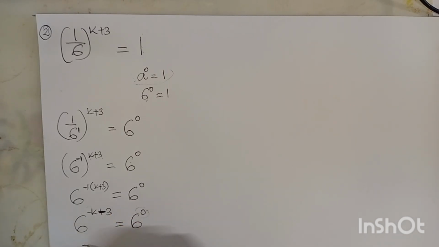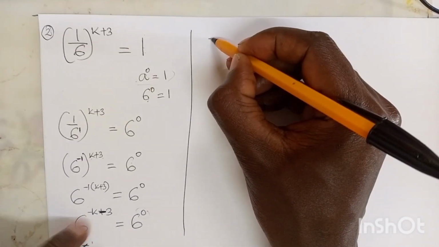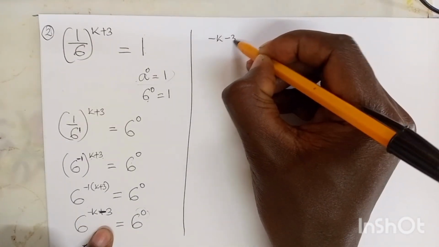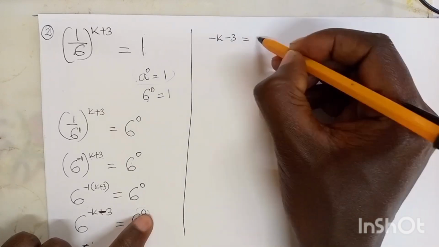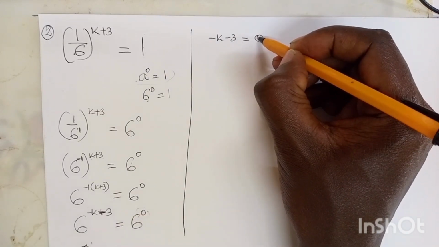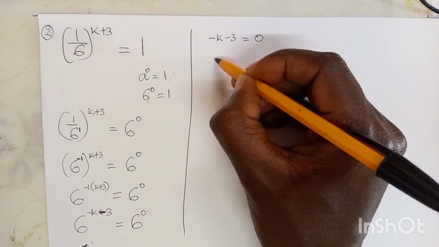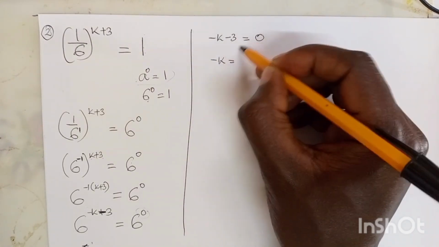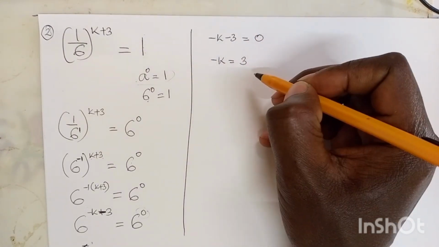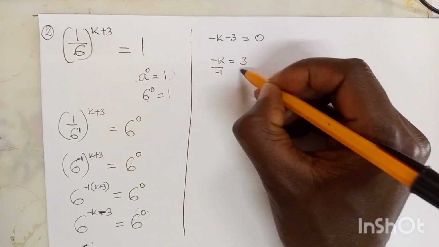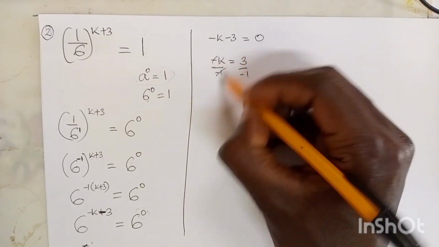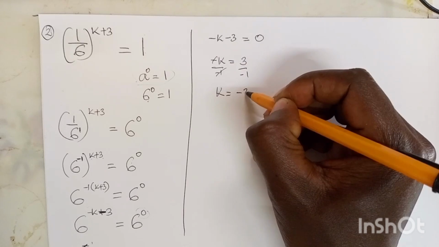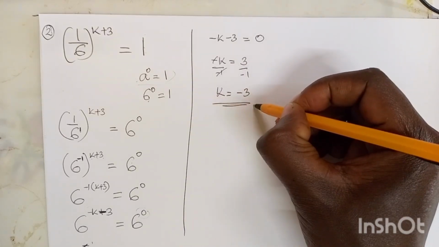That means negative k minus 3 shall be equal to the 0 here. Negative k minus 3 equals 0. In that case, we have negative k should be equal to, taking negative 3 to the other side, it becomes positive 3. So you can divide this by negative 1, divide this by negative 1, and you shall get your k to be negative 3. That becomes our answer.